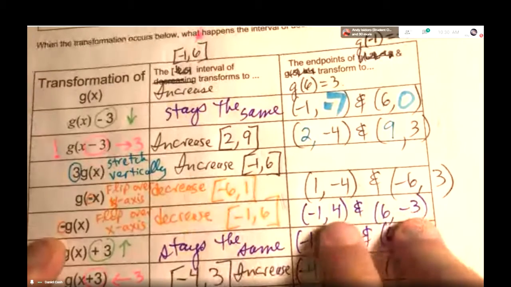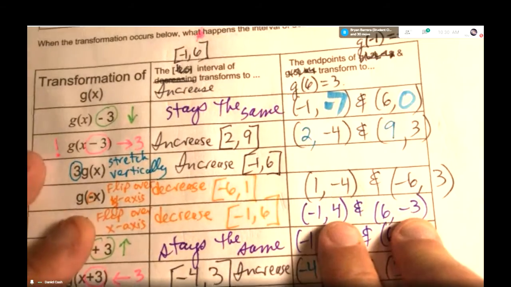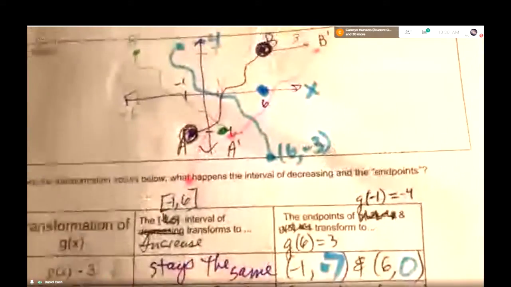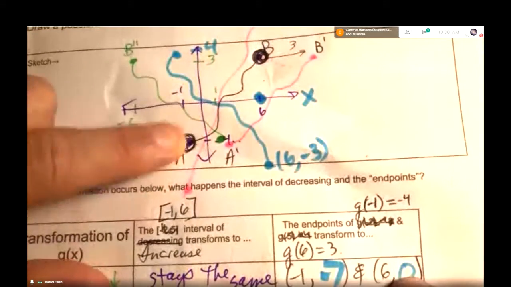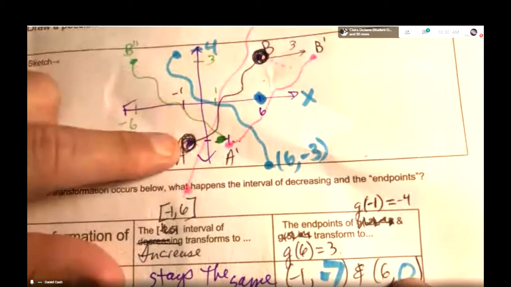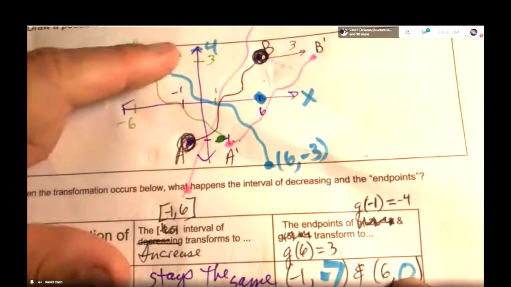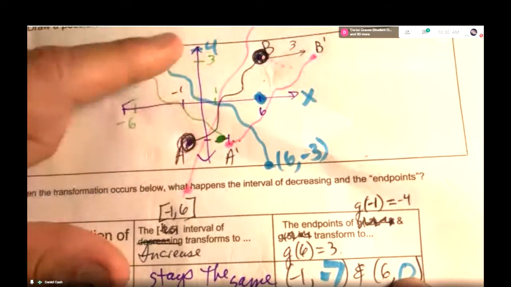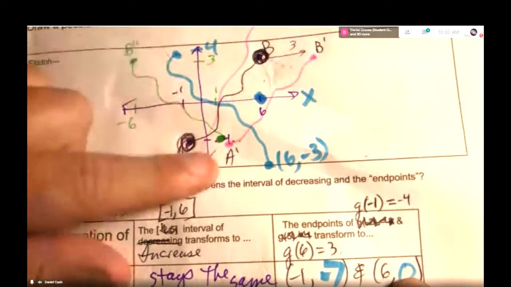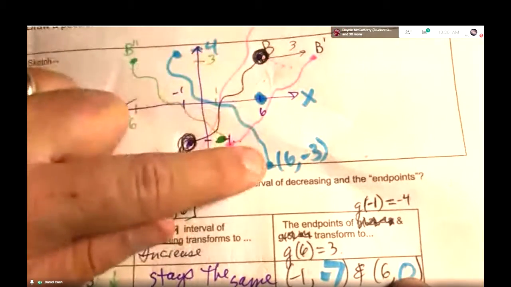So flipping over the x-axis, and if I have to go back to my training wheels here, flipping over the x-axis, it moves it up. So negative 1, negative 4 to negative 1, positive 4. A change in the y when we reflect over the x-axis. This gets reflected down.